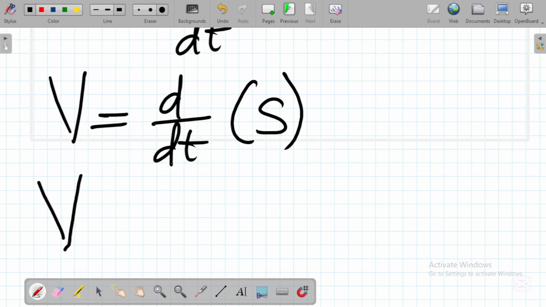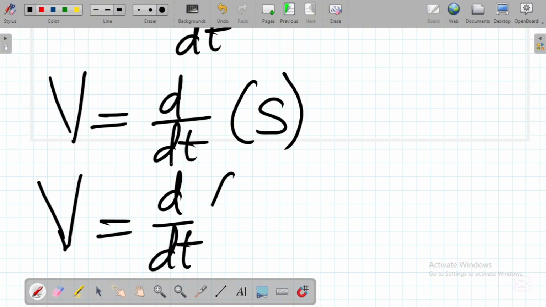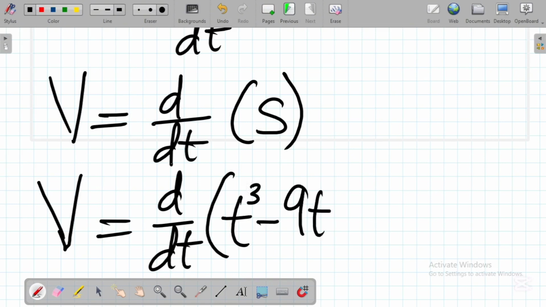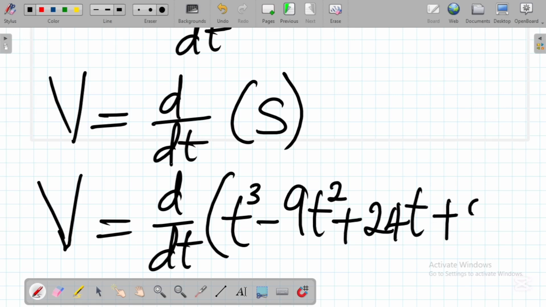So let's substitute into the equation. We have v equals d all over dt of s, where s equals t raised to power 3 minus 9t raised to power 2 plus 24t and then plus 20.